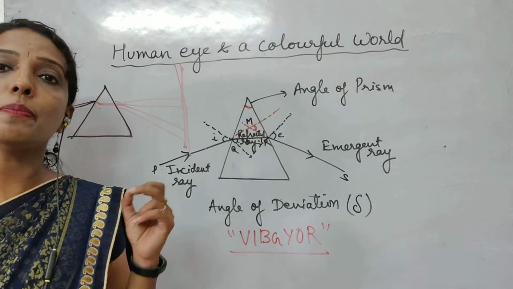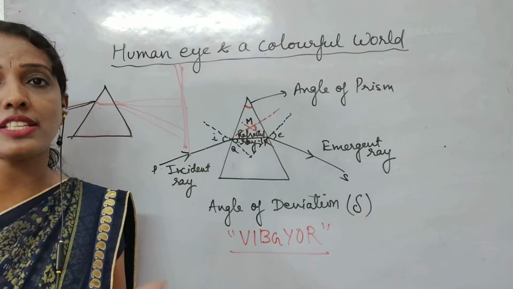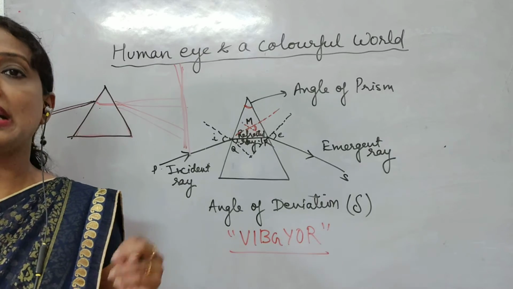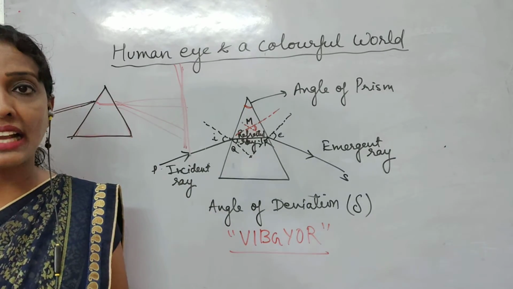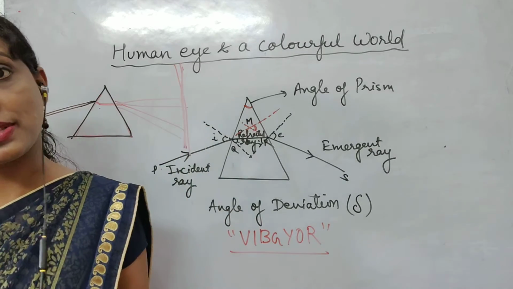The conclusion will be that the prism has split the incident white light into a band of 7 different colors. Different colors of light bend by different angles with respect to the incident ray as they pass through the prism.